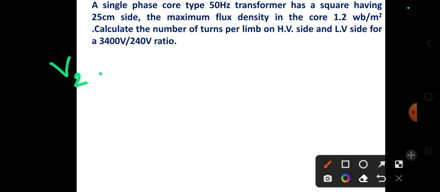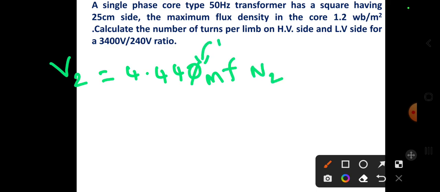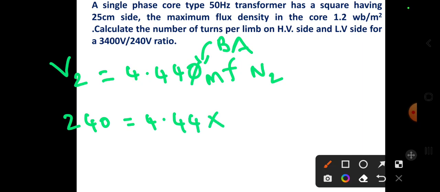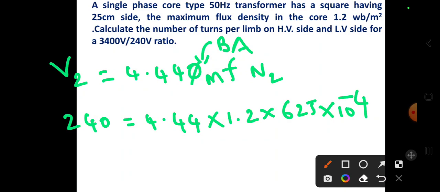V2 is equal to 4.44 phi m f into N2, where in the place of phi m we can substitute B into A. Okay, so then 240 is equal to 4.44 into Bm value is 1.2 and A value is 625 into 10 power minus 4 into 50 into N2.